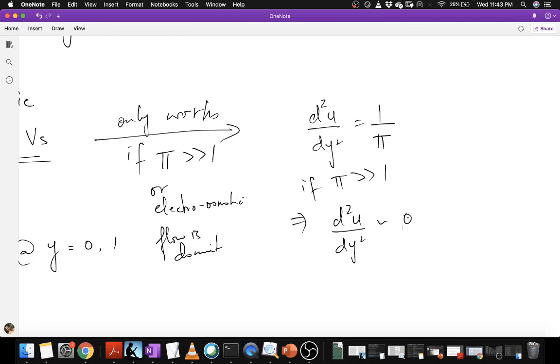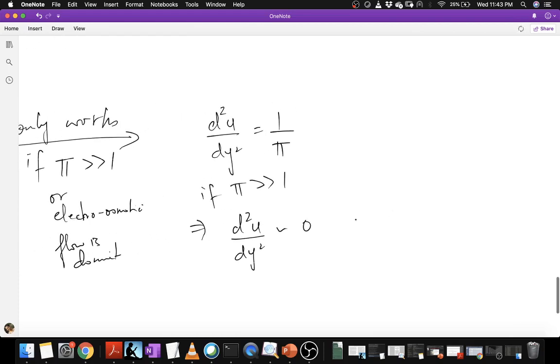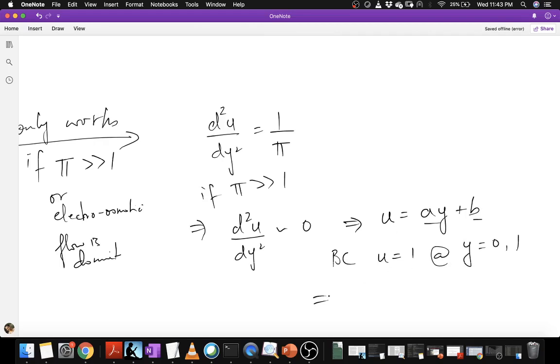It's basically 0, which would imply that u is equal to, if I just solve it now, where a and b are some constants, and then the boundary conditions of course are that u is equal to 1 at y is equal to 0, 1, which if I apply here will tell me that a is 0 and b is 1.